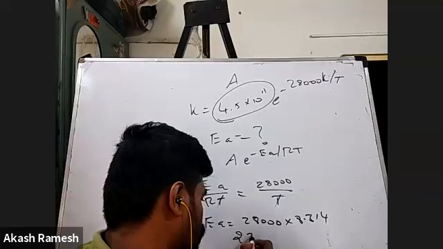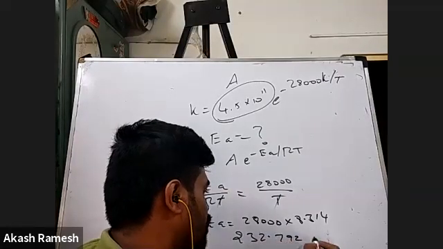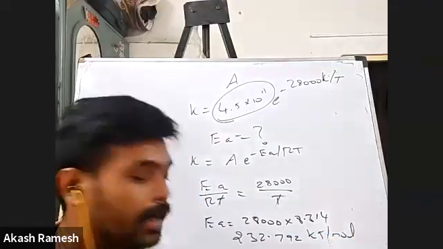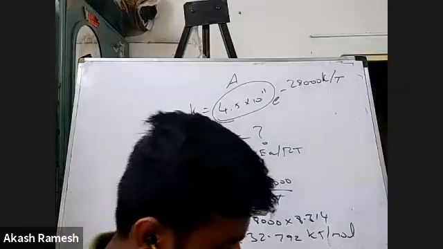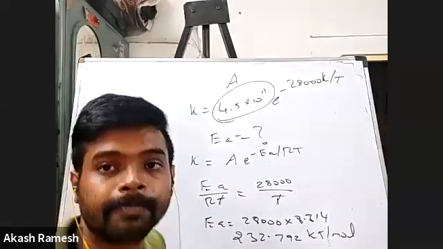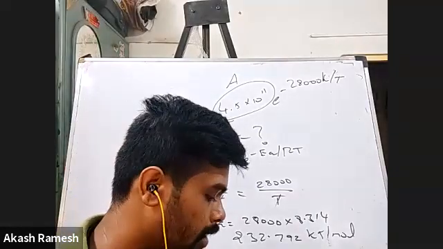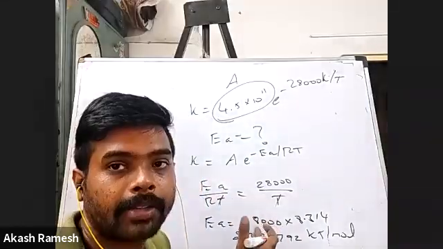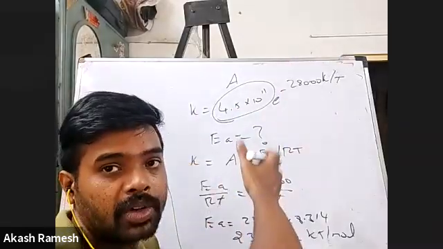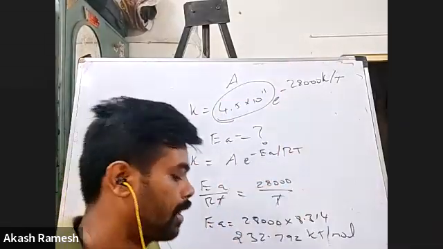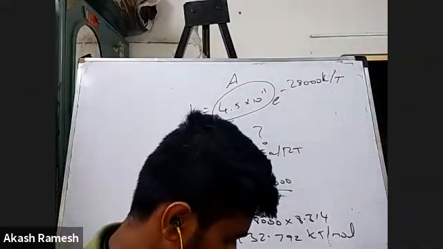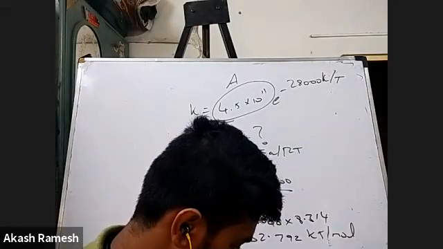So it will be 232.792 kilojoules per mole would have been the answer. Okay. So this kind of question can come for 1 mark or 2 marks. They can give this kind of equation, the Arrhenius equation. Just compare and get the answer out. One last question, then we'll go for the concepts.